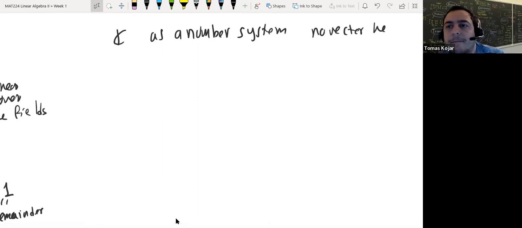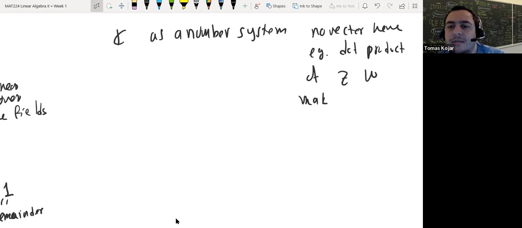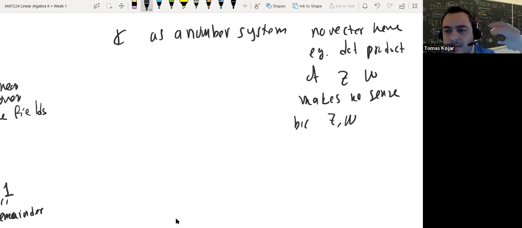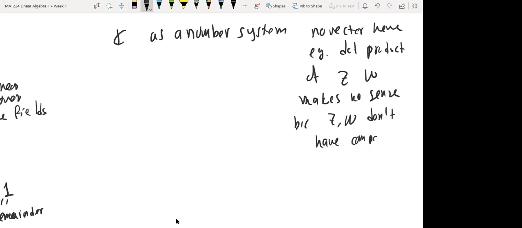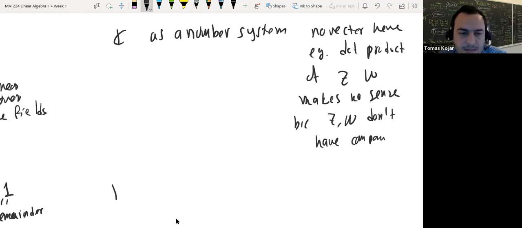That's why, for example, the dot product of Z and W makes no sense, because Z and W don't have components, right, Lindsay? Yep. Because the dot product means v times u is equal to the summation of v_i u_i, but there is no such thing because these are not vectors.